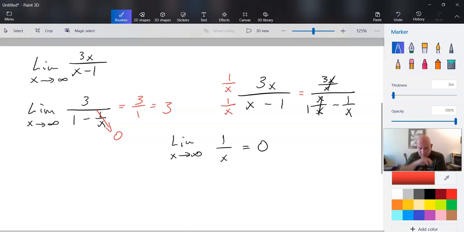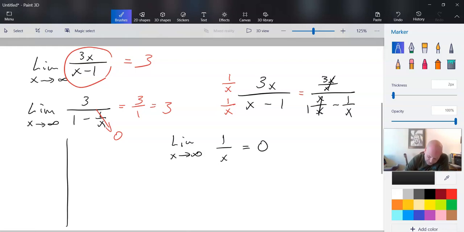So that means that the limit of this guy, right, as x goes to infinity is 3. Now, what that means for the graph is that we have a horizontal asymptote at 3.